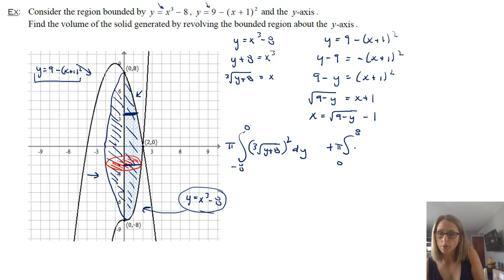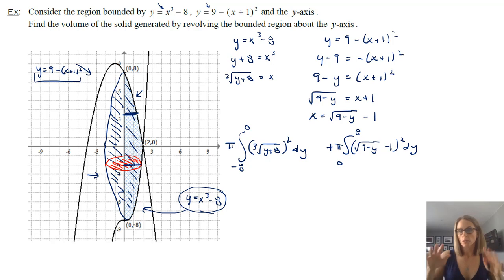So we'll have the square root of 9 minus y minus 1, and that will be squared, and that will be dy. So all we're going to do is just set this one up. You can find it and evaluate, but the important part is to know how to set up for a lot of these. So that's all I'll do.